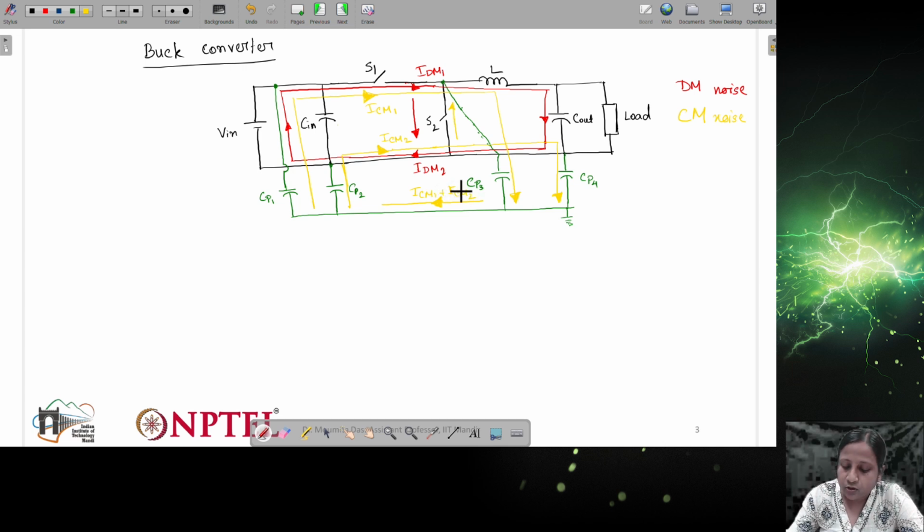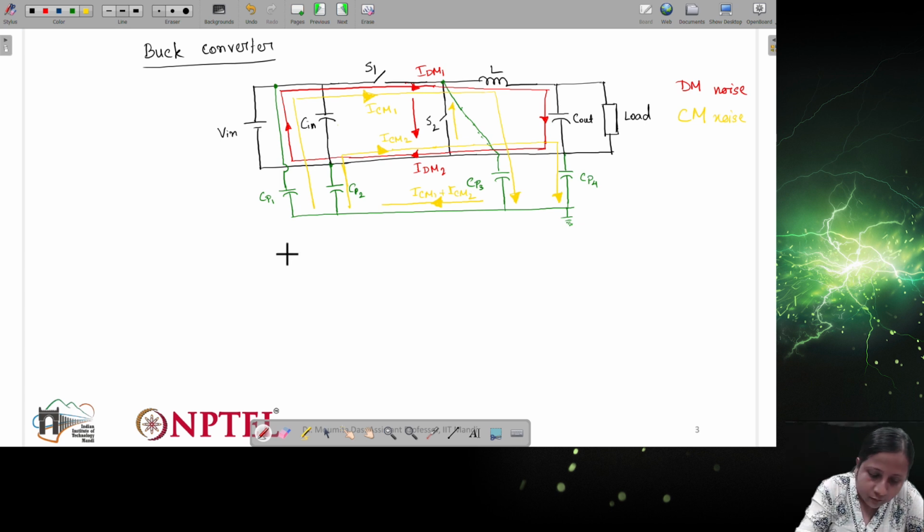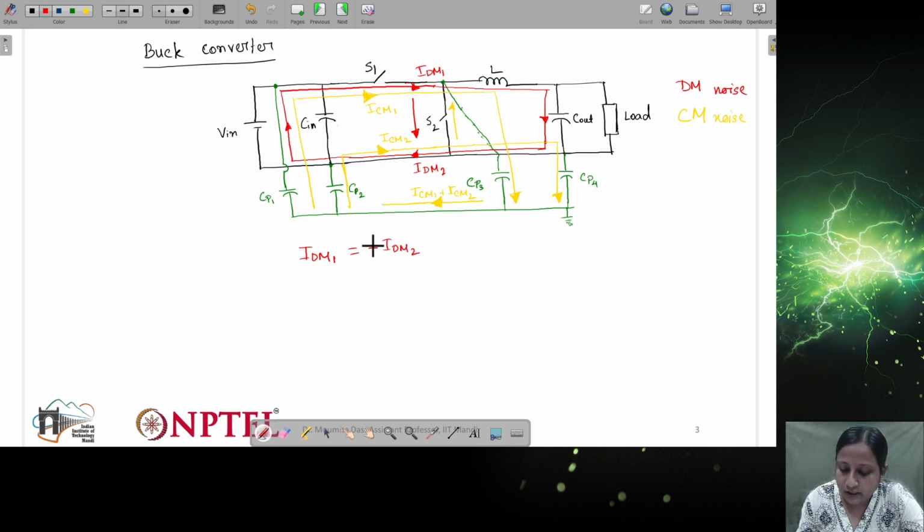So basically IDM1 will be equal to IDM2, but the sign will be different.